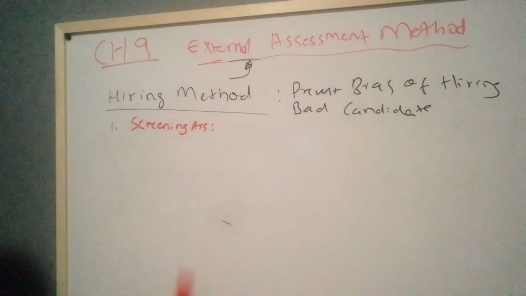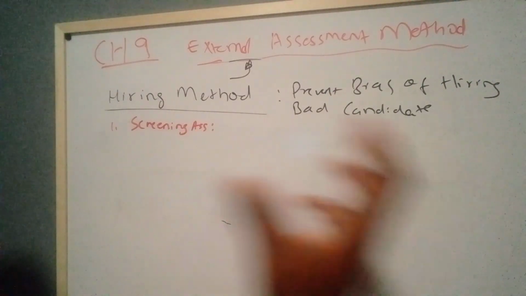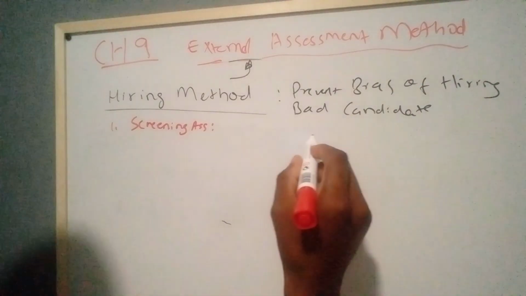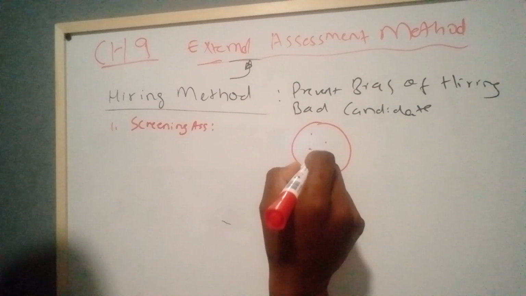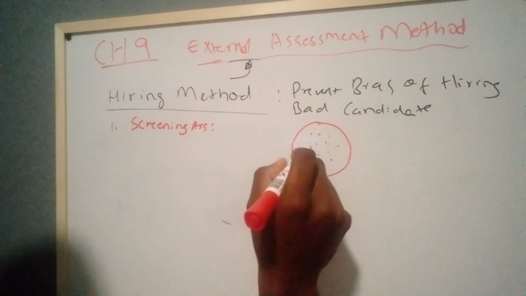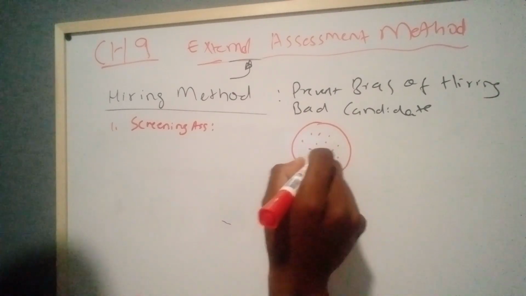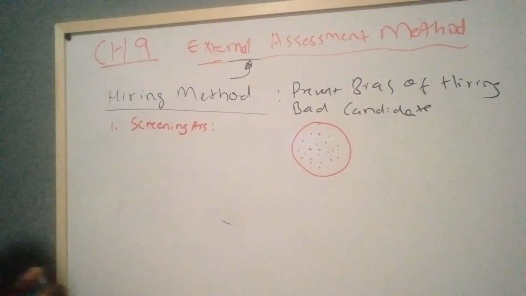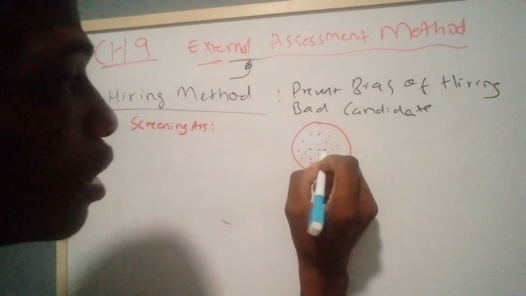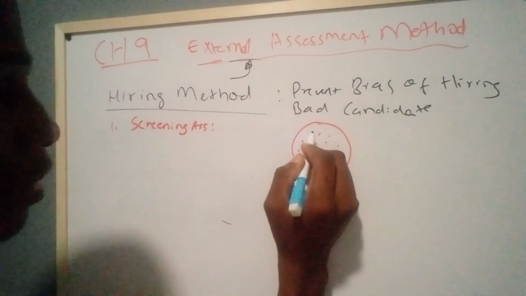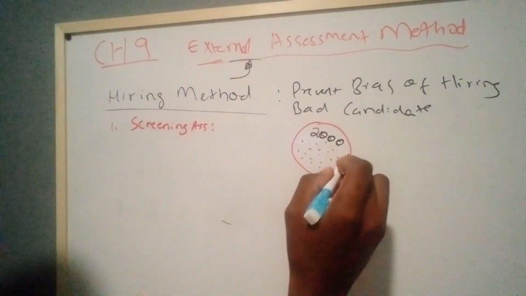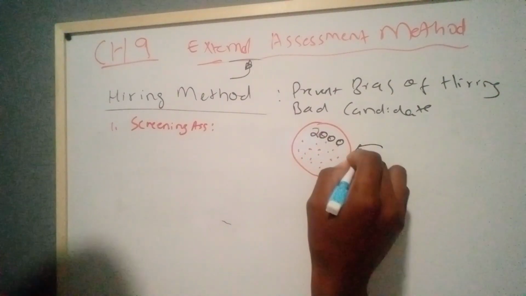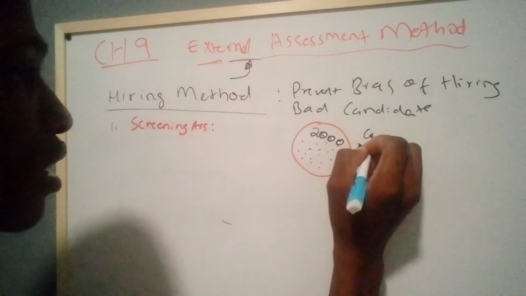Here, the screening assessment is where they pull up the total number of people who applied to the organization into a short pool. Let's say we've got 2,000 people who applied to the organization.